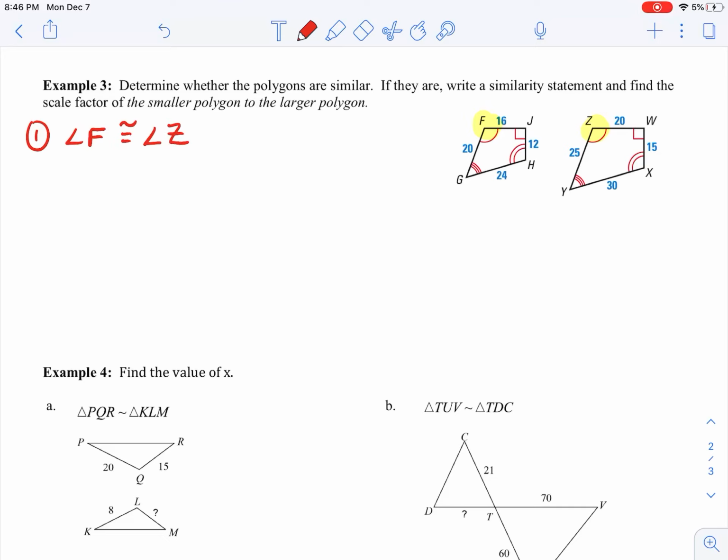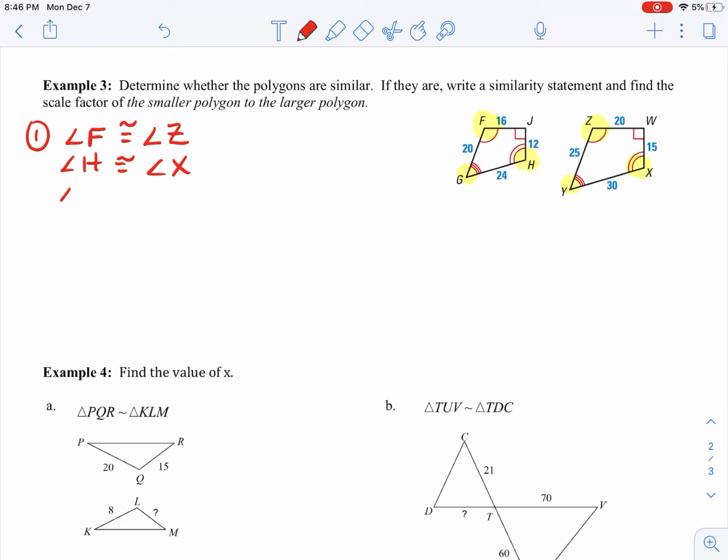If we keep going, let's go to H first. Angle H has a double marking, and so does X. So I know that angle H is congruent to angle X. The triple markings are on the G and the Y, so I know they match up.